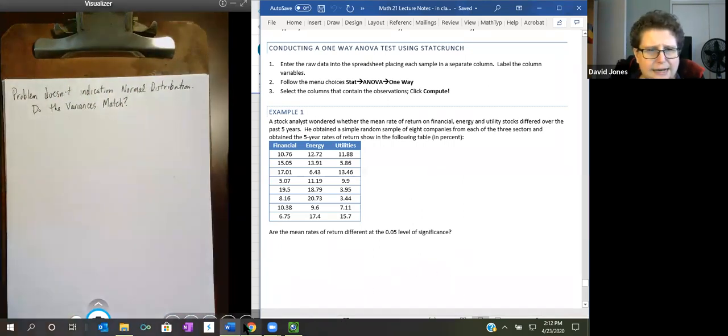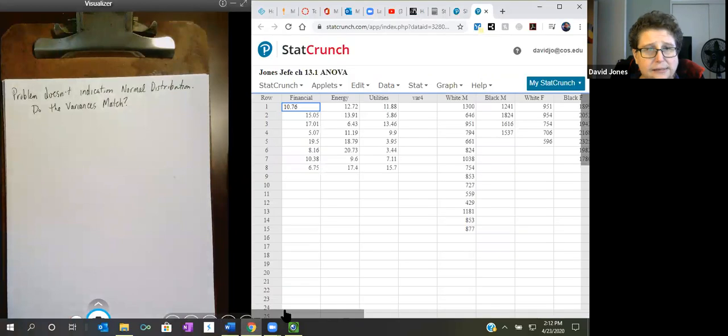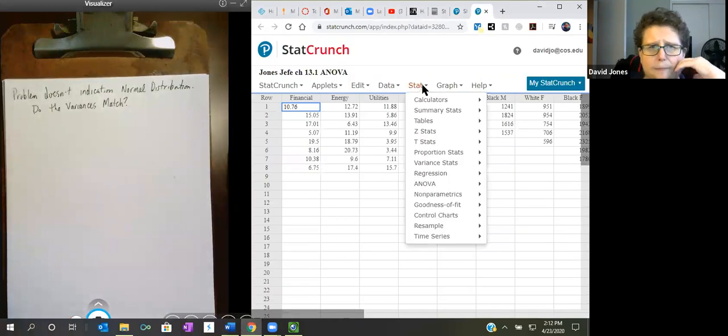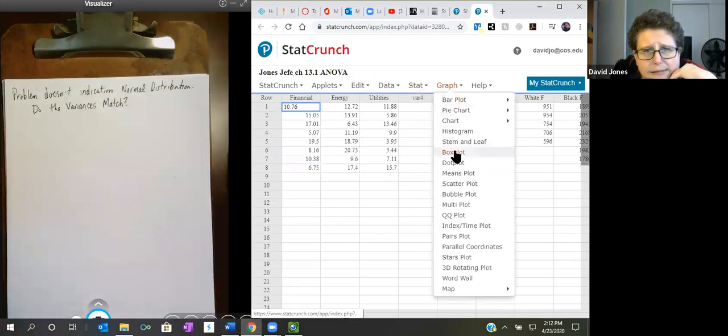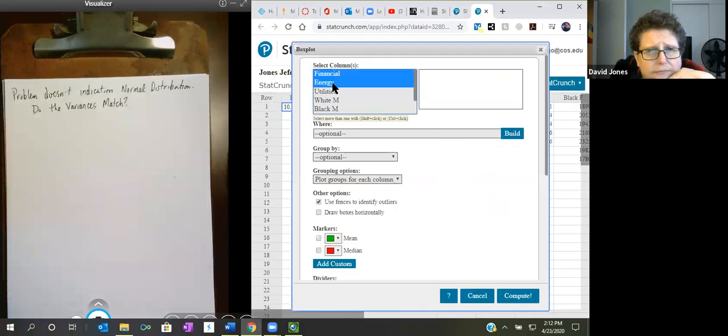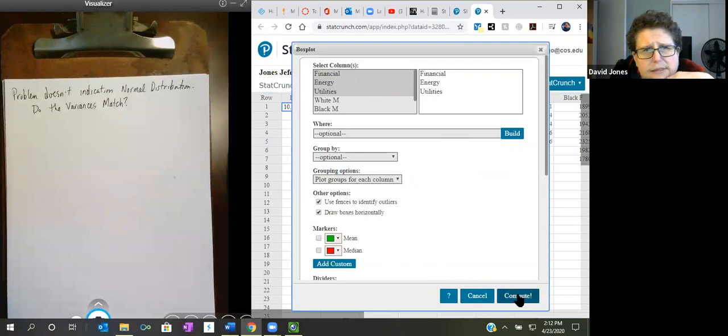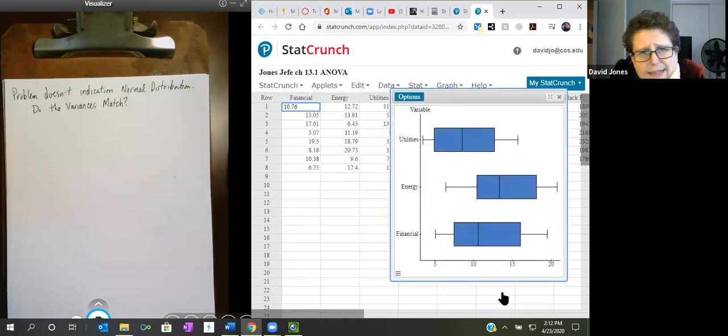So let's go over to StatCrunch, take a look at what we got. Let's do box plots on these. Financial, energy, and utilities. There are no outliers.